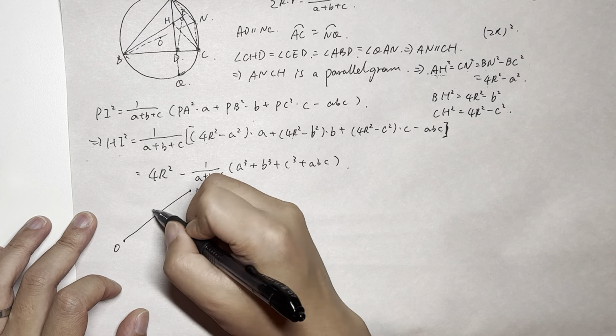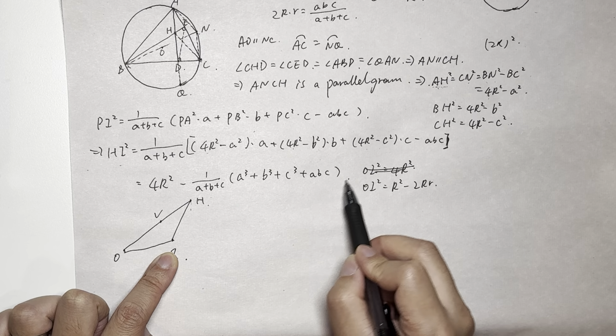And if we have I here, we know the OI square, right? OI square equals R square minus 2Rr. We already know the OI square. We know the HI square, which we calculated as here.